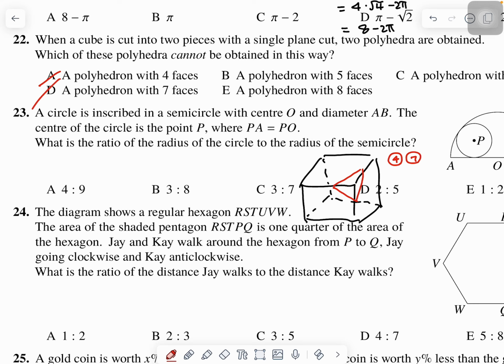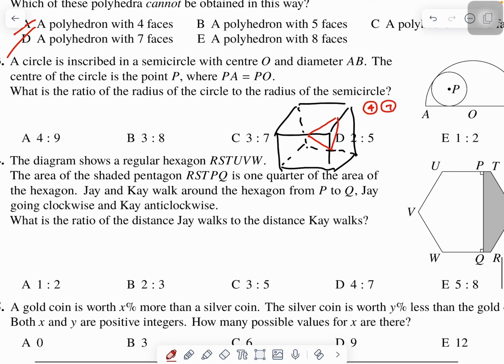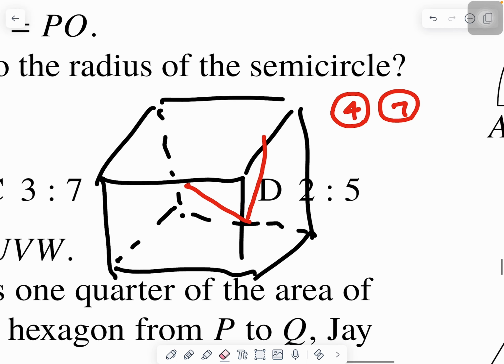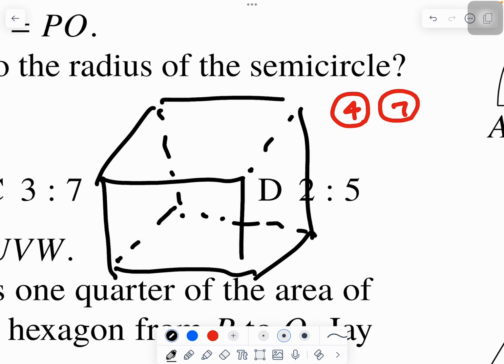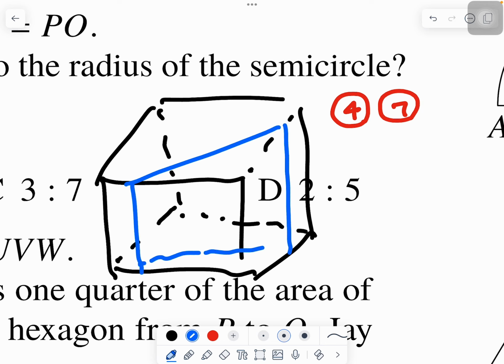And let's make something else. For example, let's cut it a different way, more like this. This is also a quadrilateral, which is a plane. So if I cut it like this, it still satisfies the condition.